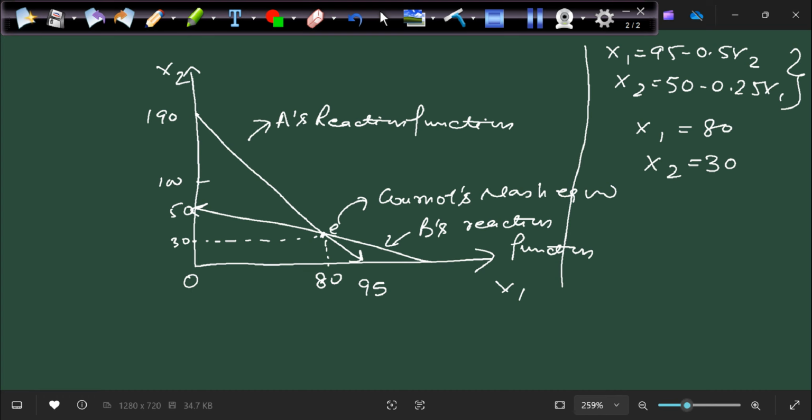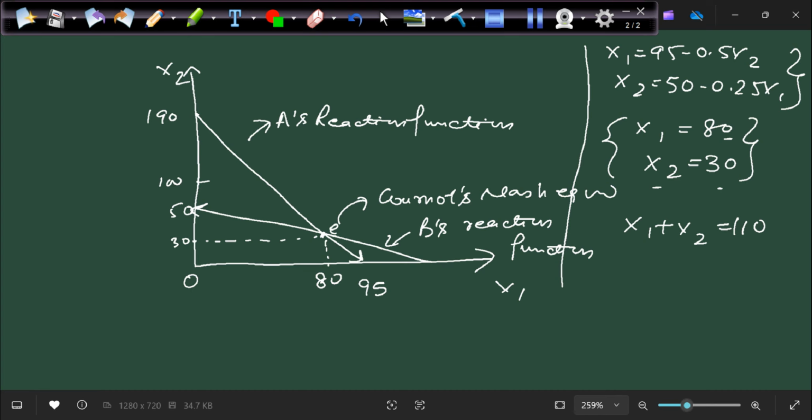This means firm 1 is producing 80 units and firm 2 is producing 30 units when they achieve the equilibrium. The total market output is 110 and the market price is 45.